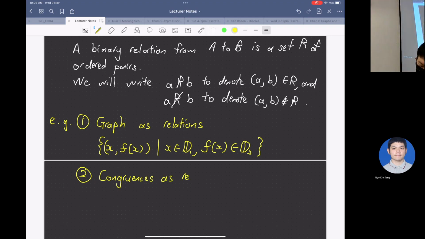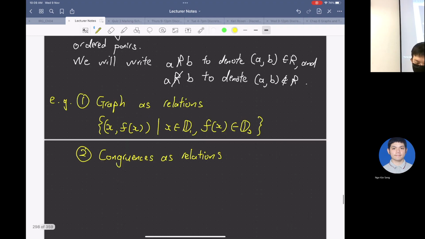Congruences are also relations. So, for example, congruence as a relation.